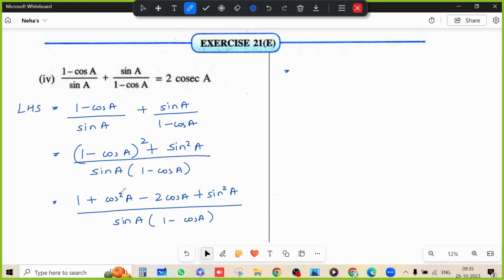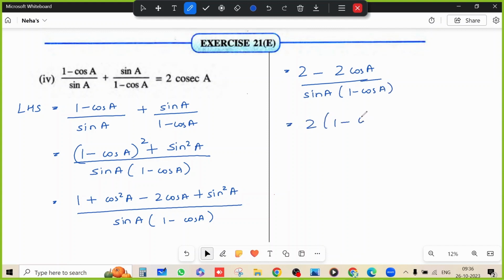Now we know that sin square A plus cos square A is equal to 1 by the trigonometric identity. So we will write cos square A plus sin square A as 1, and 1 plus 1 will become 2. So this will be written as (2 minus 2 cos A) divided by sin A into (1 minus cos A). Now we will take 2 common in the numerator.